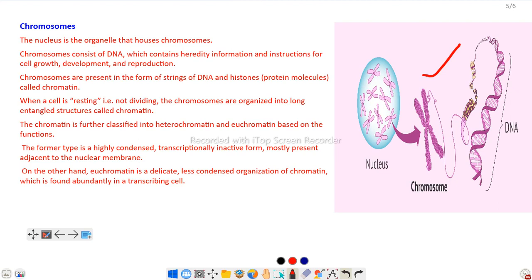When a cell is resting, that is non-dividing, the chromosomes are organized into a long entangled structure called chromatin.